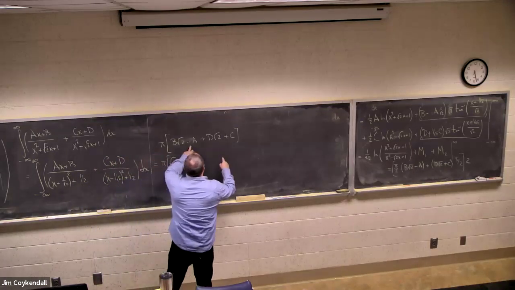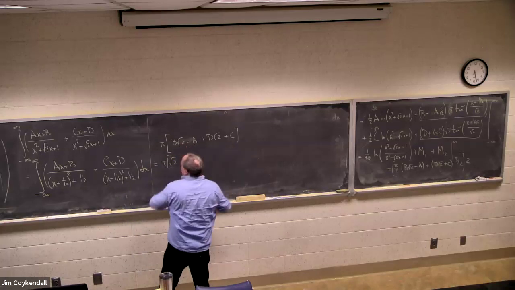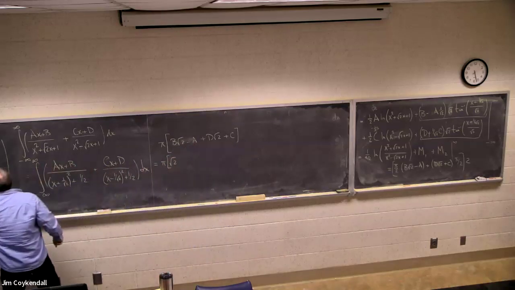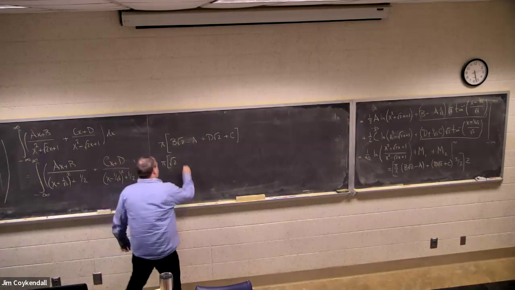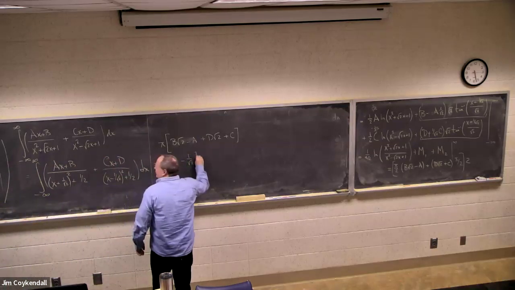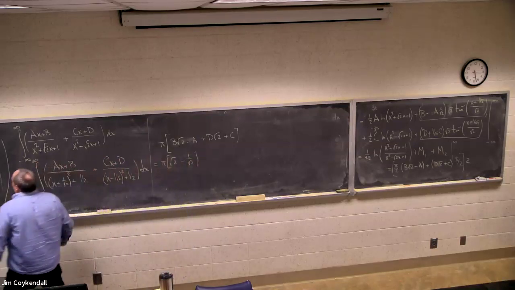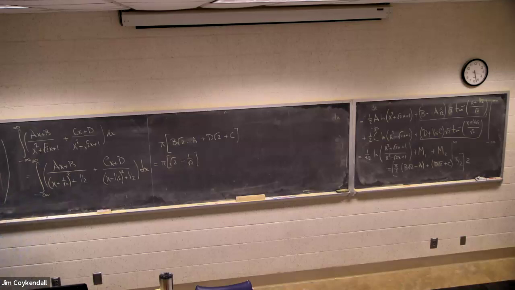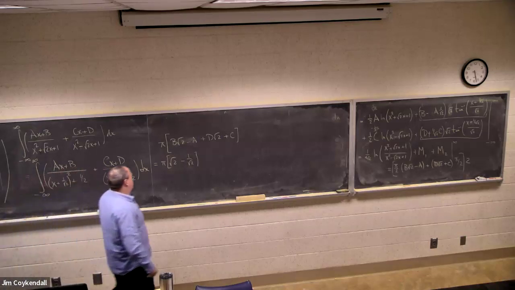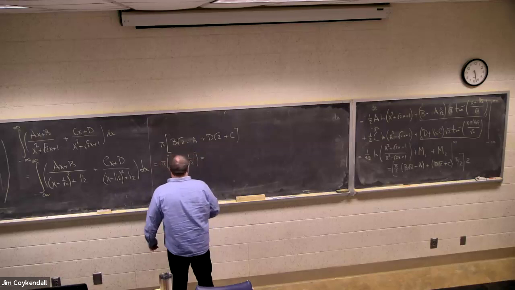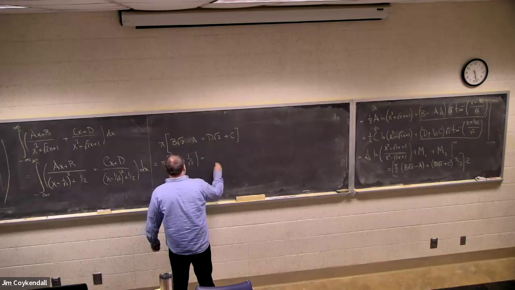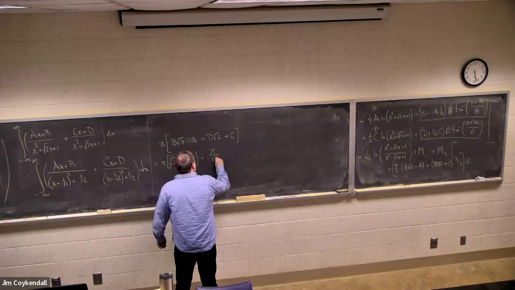And then minus a plus c is minus 1 over radical 2, I guess. Right. And so this is 2 minus 1, so it's pi over radical 2.